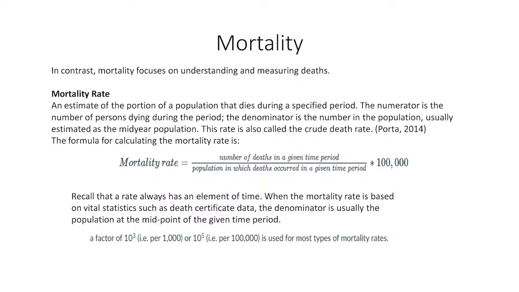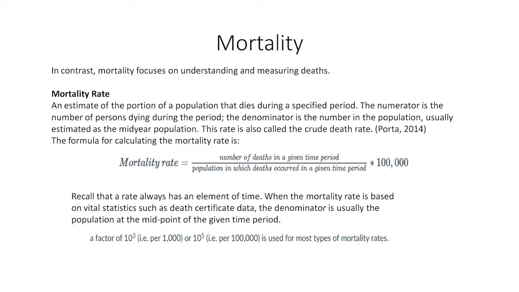The formula for calculating the mortality rate is: mortality rate equals number of deaths in a given time period, divided by the population in which deaths occurred in a given time period, multiplied by 1000.